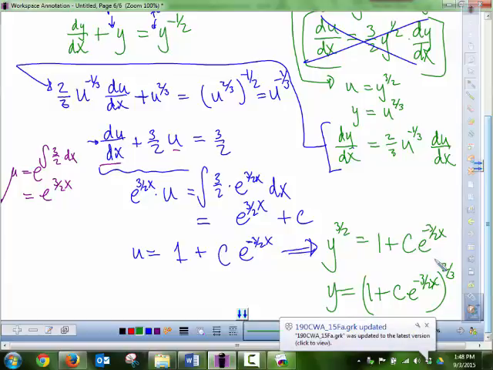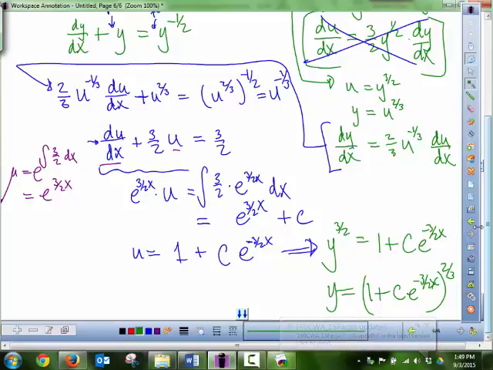Okay, let's do one more substitution. The other one really falls into a very special case where you can group a lot of these things together.